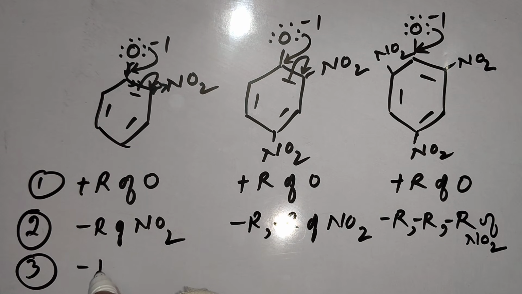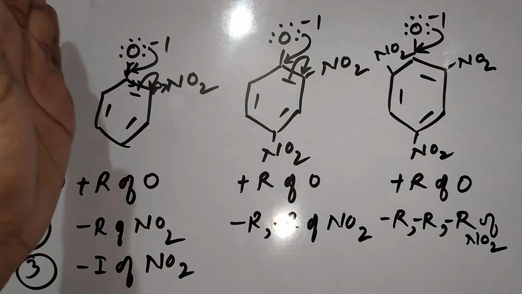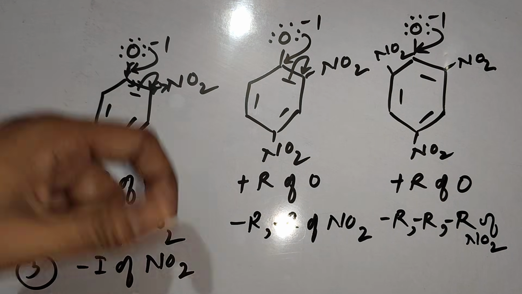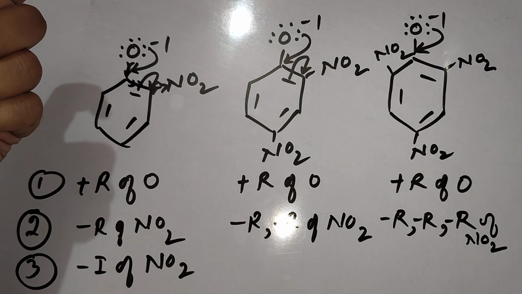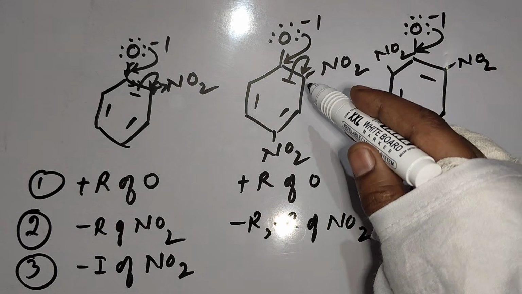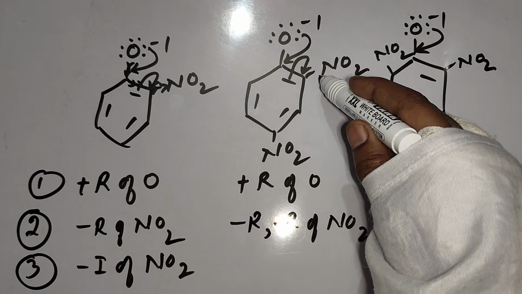This effect is known as minus I of NO2. Attracting electrons due to electronegativity difference is known as minus I effect. Losing electrons due to electronegativity difference is known as plus I effect. Here minus I effect is also there. How many times? 2 times you can check, because 2 nitro groups are there.